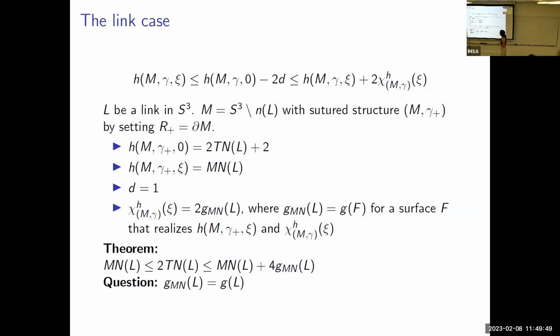This amount here is just twice the Morse Novikov genus of R, where the Morse Novikov genus is the genus of a surface that realizes both the handle number and this thing.